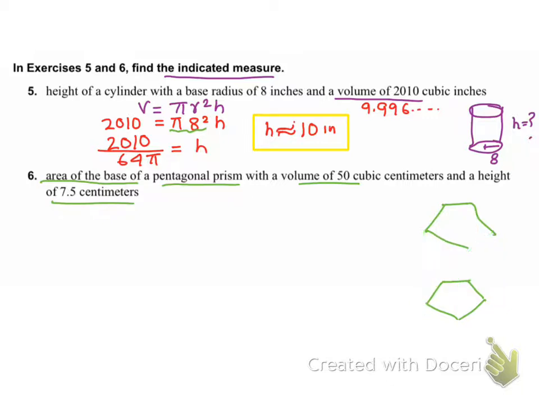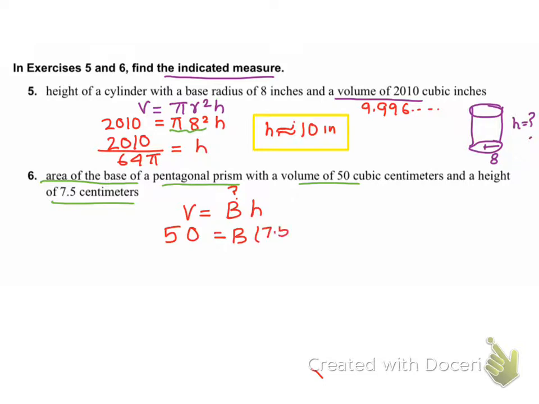If our base area is supposed to be calculated, you use the same thing. I know that V is base area times height. It's a prism, so I'm not using pi r square h, it's base area times height. Volume is given, 50 cubic centimeters. Base area is supposed to be calculated, so I just leave it as it is. Height is 7.5.